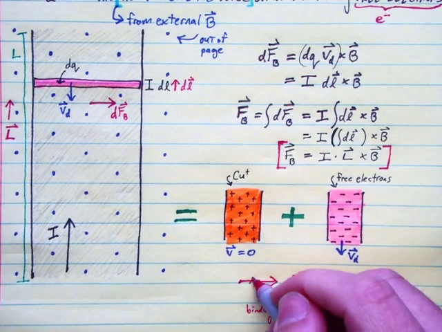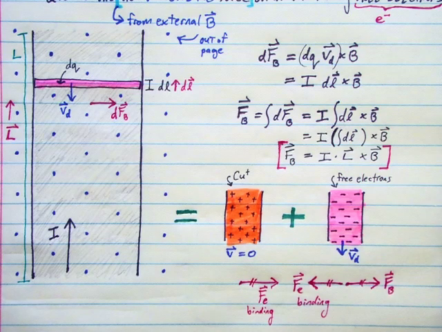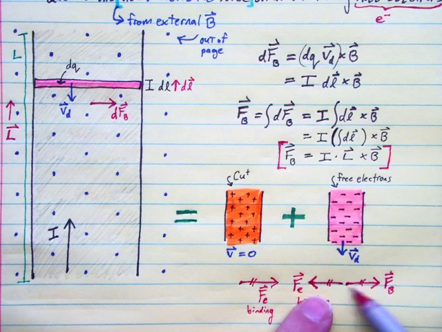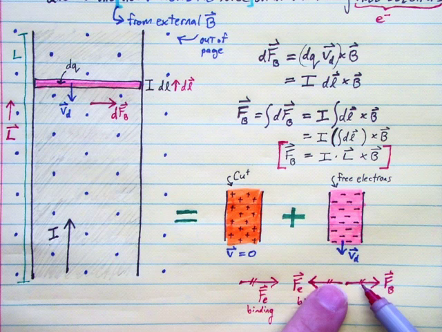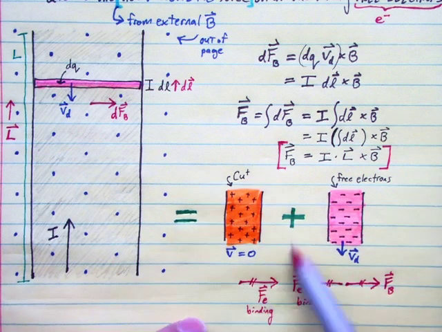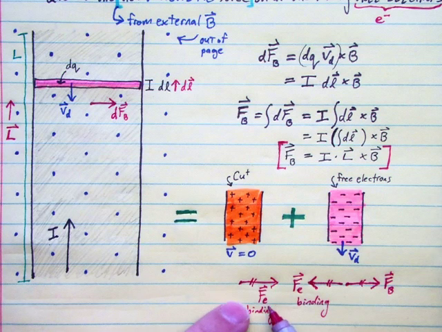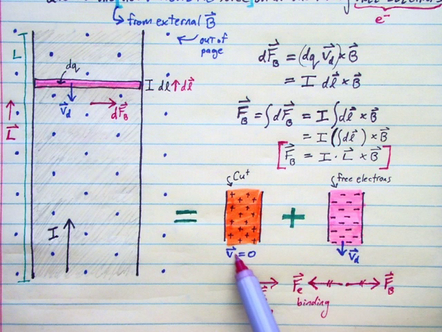And by Newton's third law, these are equal and opposite. So looking at this FBD for the free electrons, they're kind of in equilibrium here. These forces are balanced. But looking at our copper ions here, they are only feeling that net binding force to the electrons. They're not moving, so they're not feeling a magnetic force.